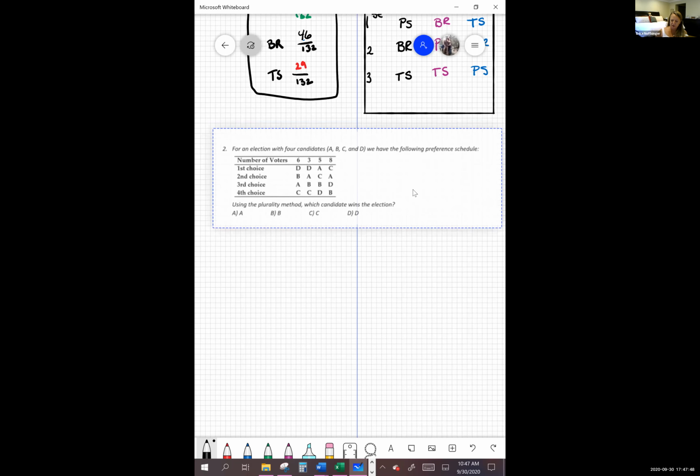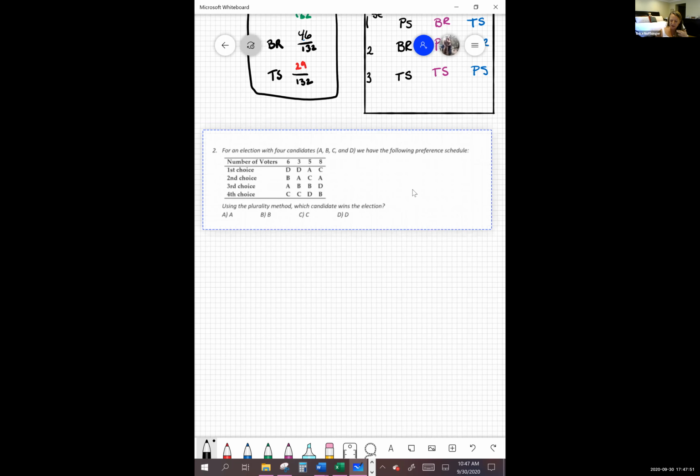Okay, so for the following election of the 4 candidates, we have the following preference schedule. And so number of voters for the first column is 6, second column is 3, third column is 5, fourth column is 8. So if we sum all of these together, we have 6 plus 3 is 9, plus 5 is 14, plus 8 is 22.